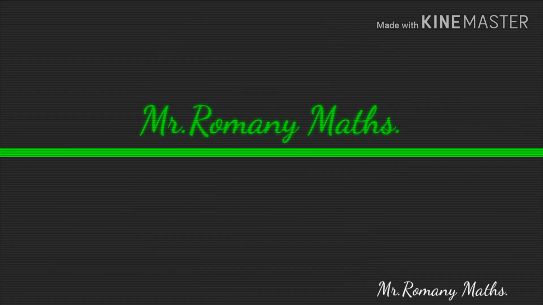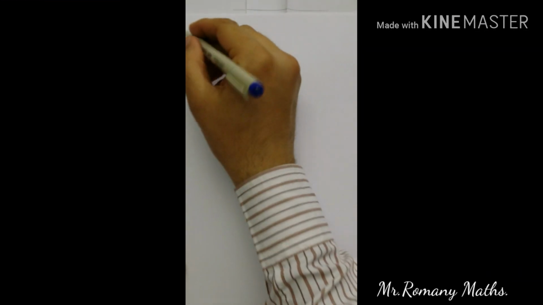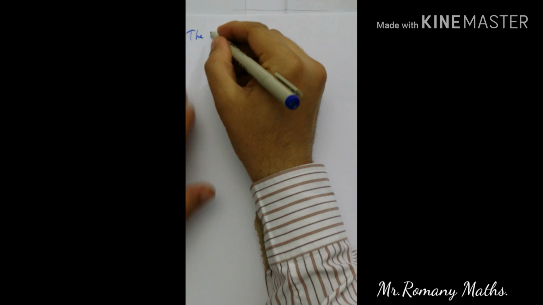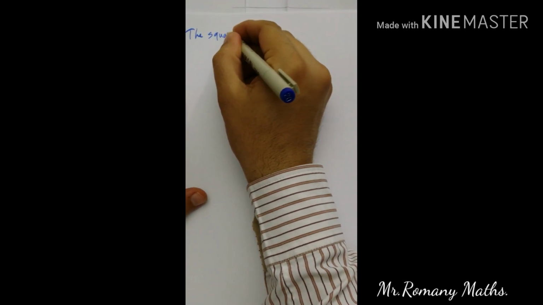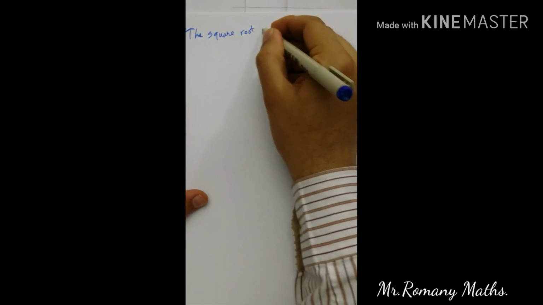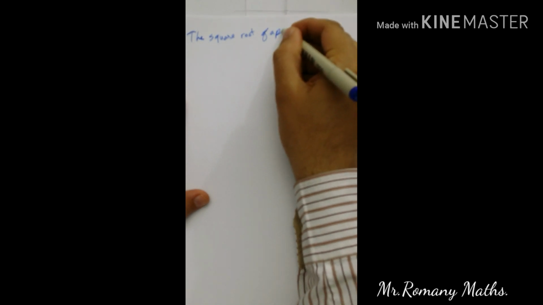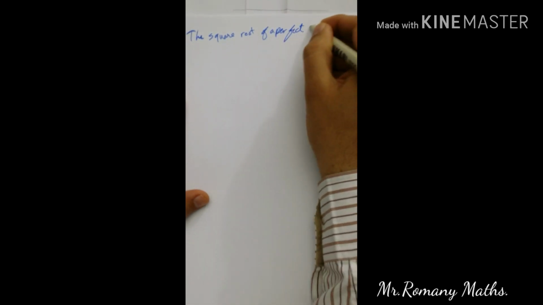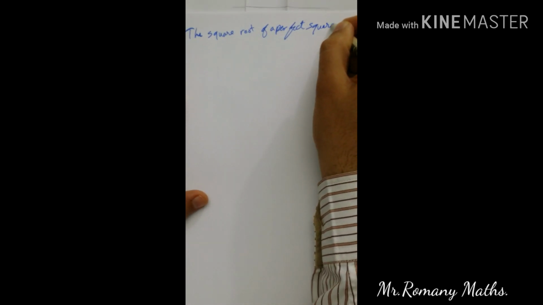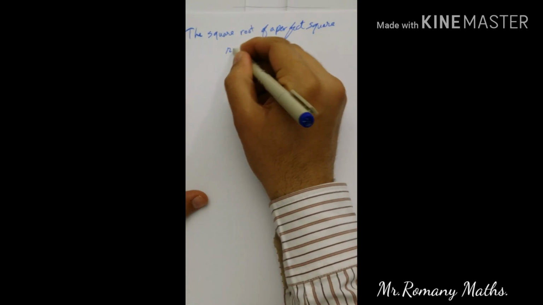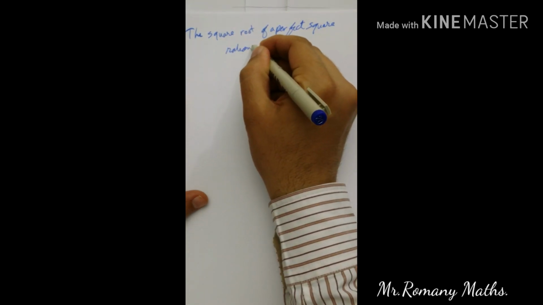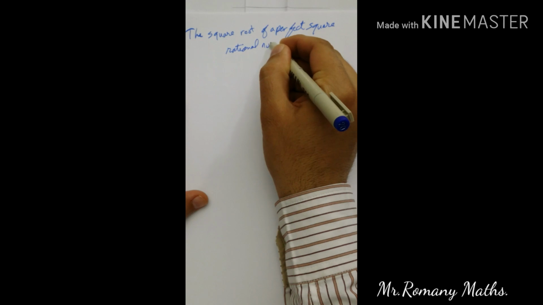I'll explain today the square root of a perfect square rational number.